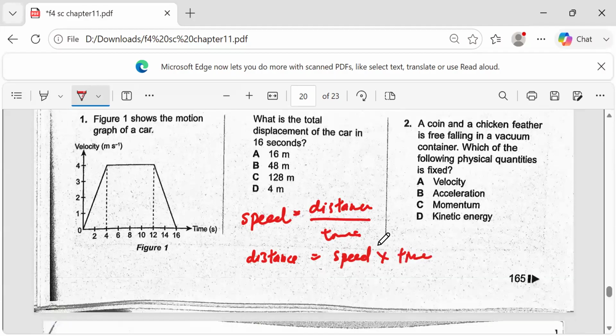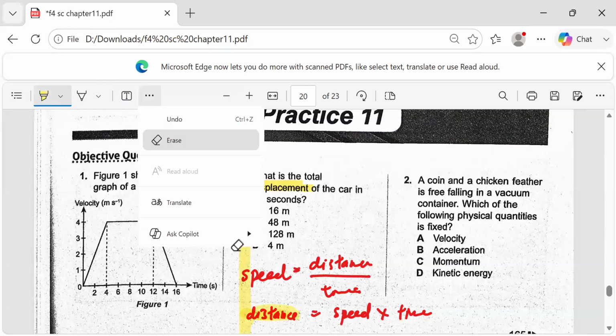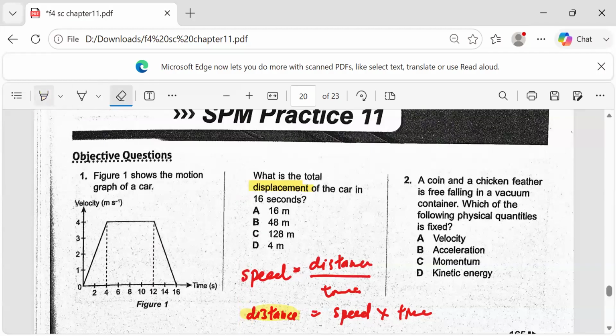So we are looking for displacement. Displacement means the distance, right? So this is velocity and this is time. So it's this multiply this.